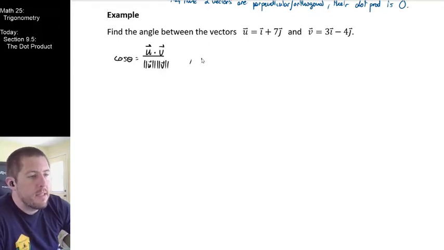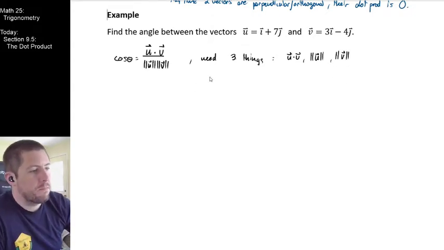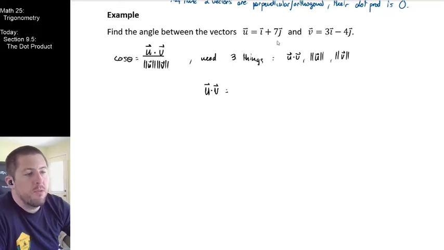And so I'm thinking to myself, we need three things. We need u dotted with v, we need the magnitude of u, and we need the magnitude of v. So let's go ahead and find them. To get u dotted with v, I'm just going to do my pairwise product of their individual components and add them up.